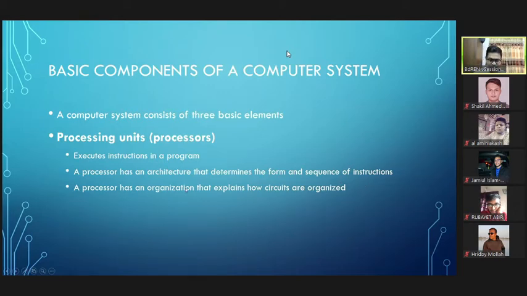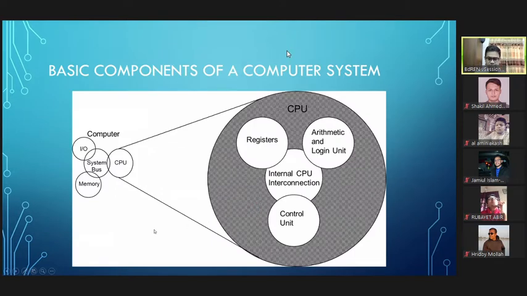And also, for the organization, you need to know about your processor, like, as I said earlier, how many registers we have, what the size of the register is, what the location of the register is. All right. So that is our processor, very briefly.